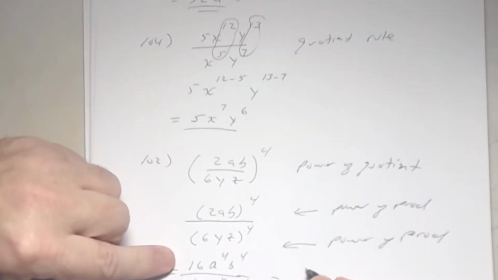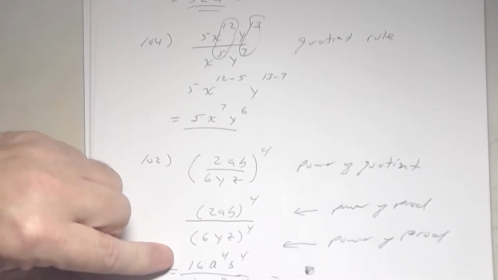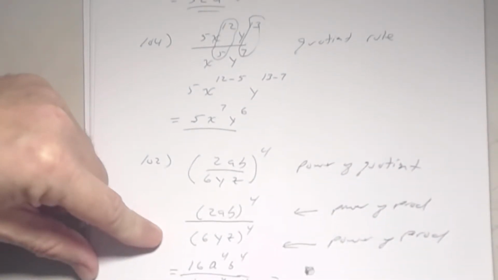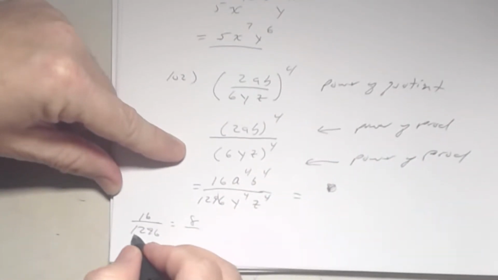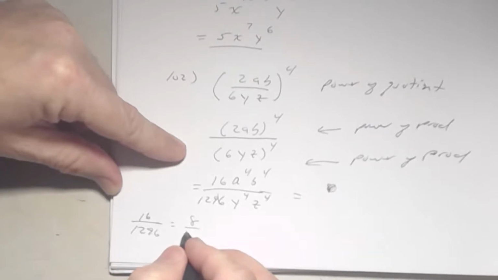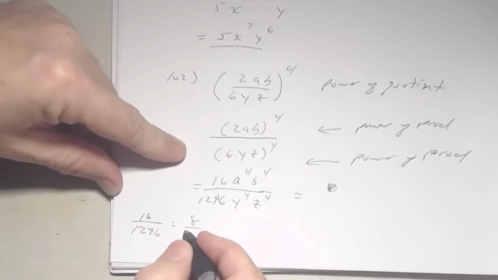What's 16 divided by 2? All right, so I'm looking at 16 divided by 1,296. So that's 8 divided by, and then 1,296 divided by 2. What's that? Use your calculator. 648.